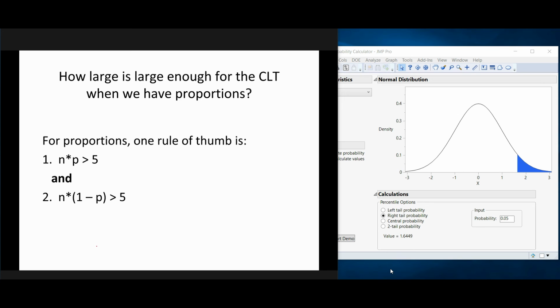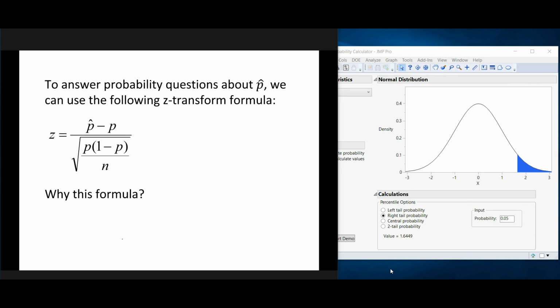Well, it turns out that if n times p is greater than 5, and n times the failure probability, 1 minus p, is greater than 5, then the central limit theorem will usually be applicable in those cases. So we'll just do a quick check to make sure n times p and n times 1 minus p is greater than 5. So let's look at an example.